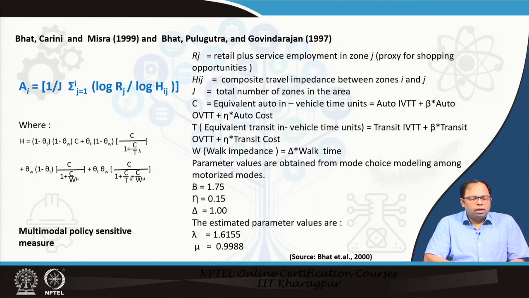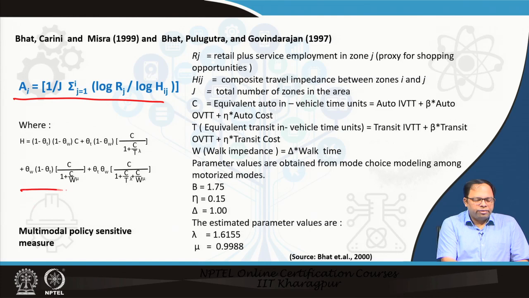So, the final model shown here on gravity measures for accessibility was prepared by Bhatt, Karini and Mishra, and also by Bhatt, Pulgutra and Govindarajan. They have developed this measure, which, as I have talked about earlier, is a simple measure.